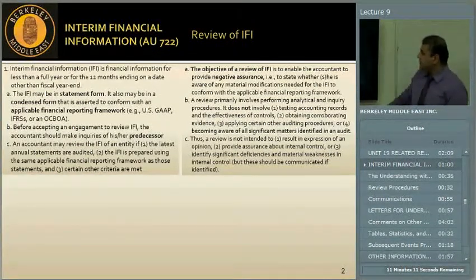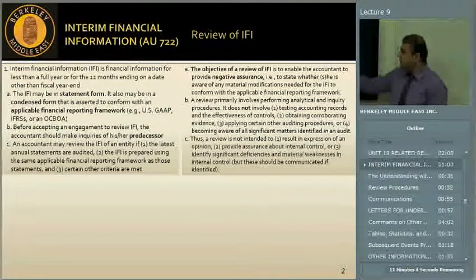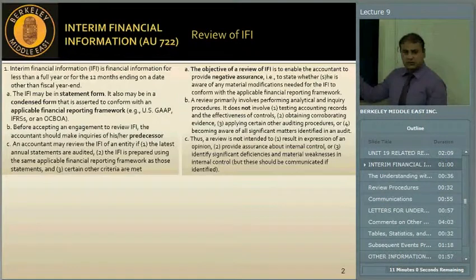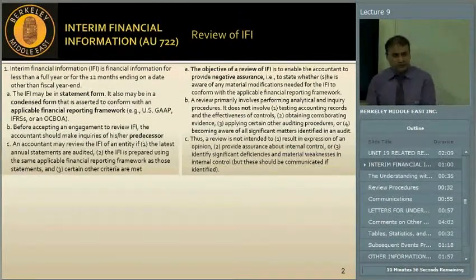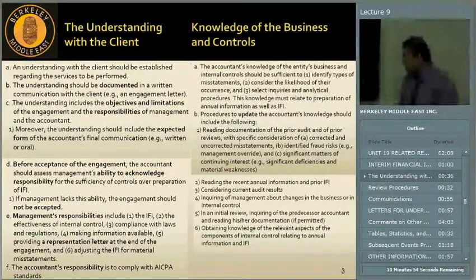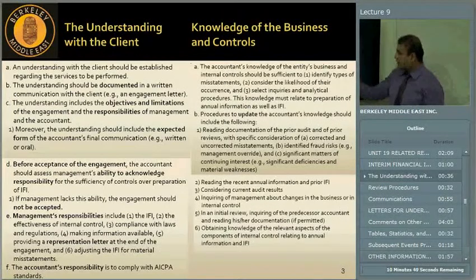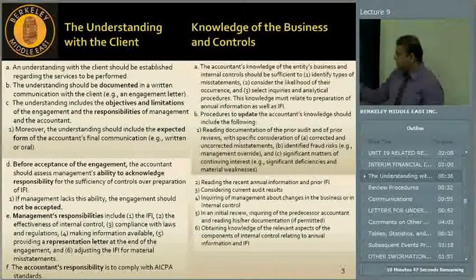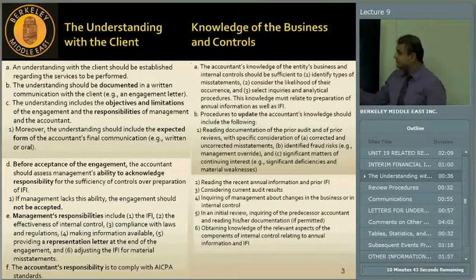The objective of a review of IFI is to enable the accountant to provide negative assurance, to state whether he is aware of any material modification needed. So the purpose is negative assurance, so he can express his opinion about material misstatements. Then the understanding should be documented, and the objectives should define what the limitations and responsibilities are so they are clear.